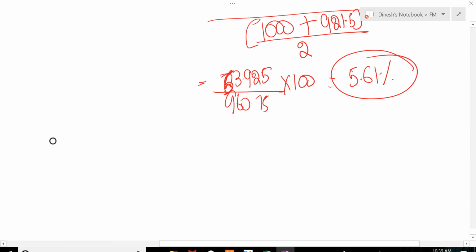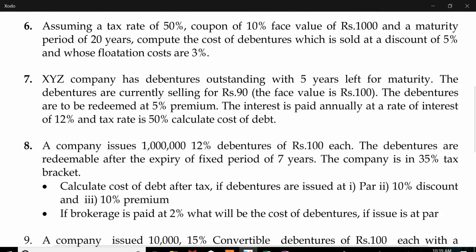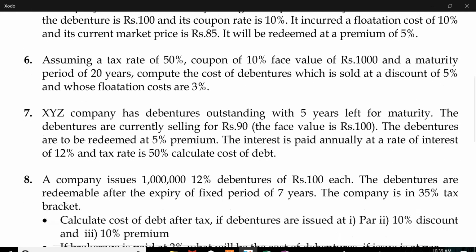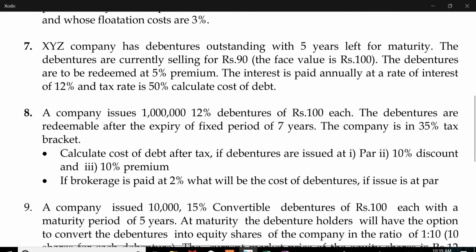Any doubts on 5.61%? Can we proceed? Okay, question number 7. Do question number 7. I'll take you through 8 onwards. Do 7.